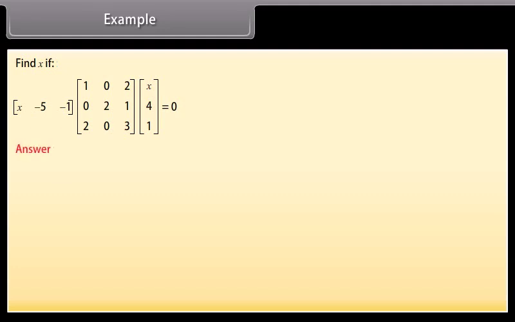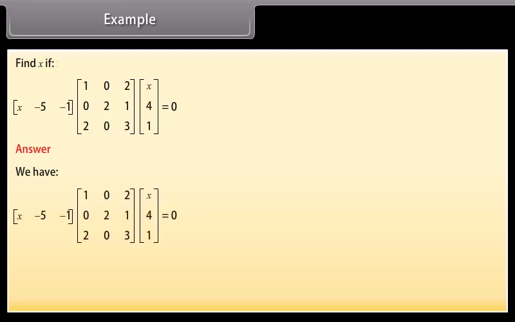Given that, we have the matrix [x, -5, -1] multiplied by the matrix [[1, 0, 2], [0, 2, 1], [2, 0, 3]] multiplied by the matrix [x, 4, 1] is equal to 0.